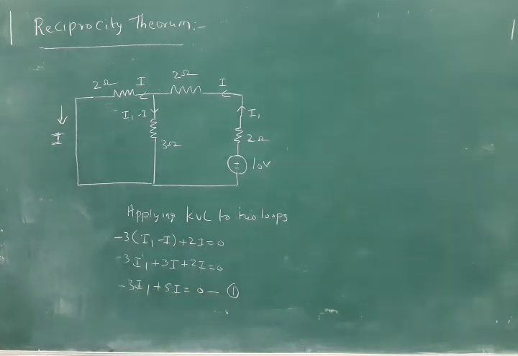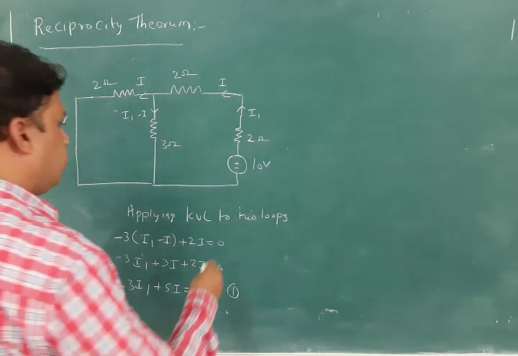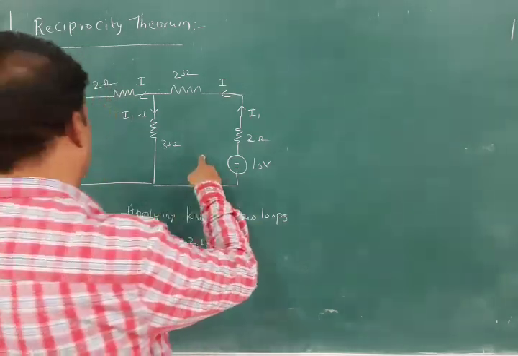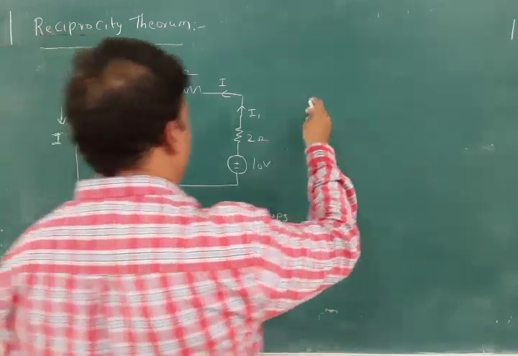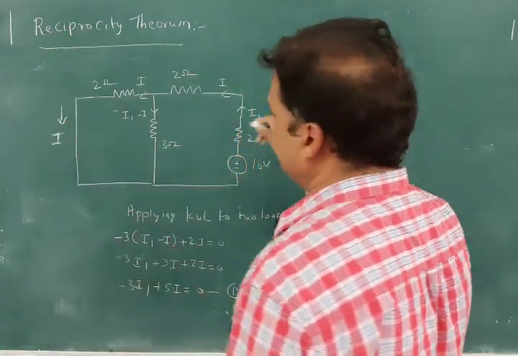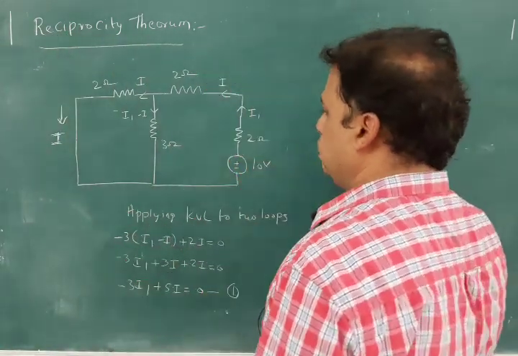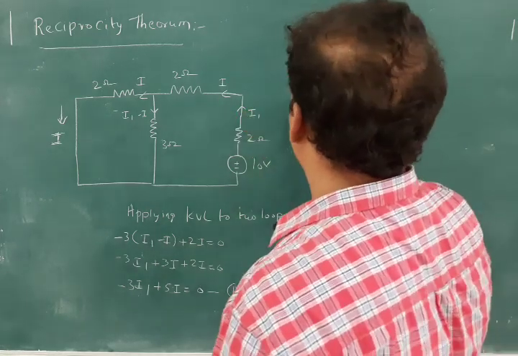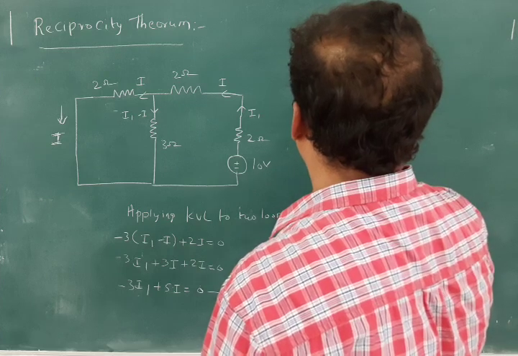Now the second equation: applying KVL here also, if you see the circuit here, we get 2I1 plus 2I1.